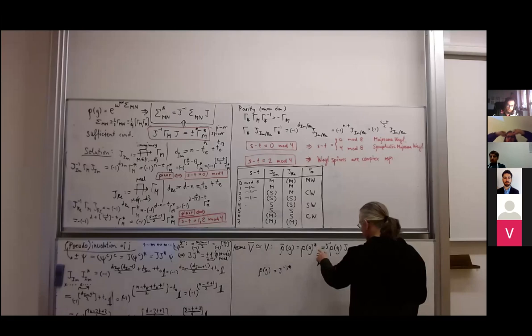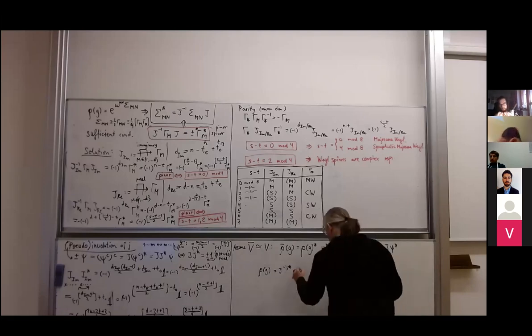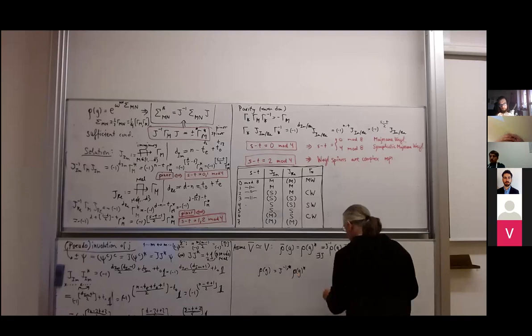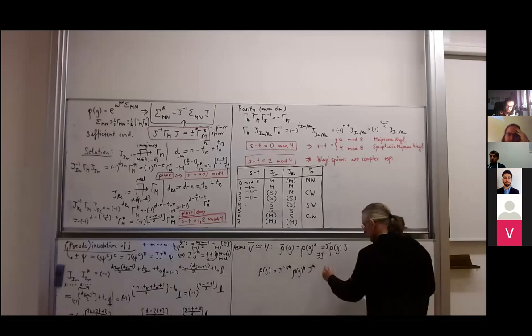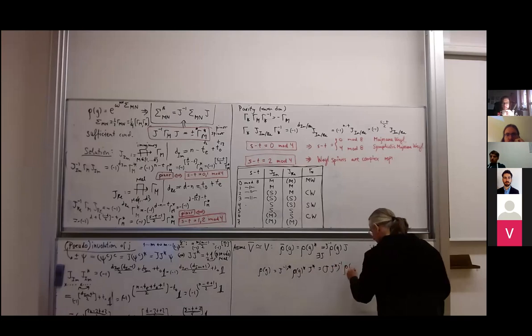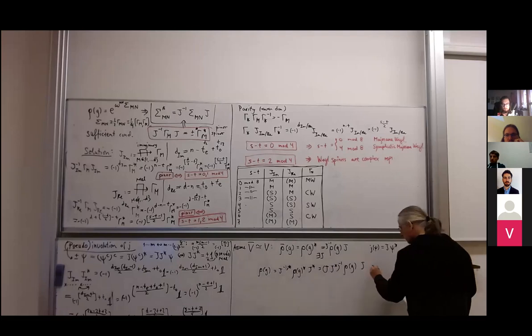So I get J minus first, and then I get rho J star here, and then I get J star here. And then I can use this condition again. So this becomes equal to J star minus first rho G J star.